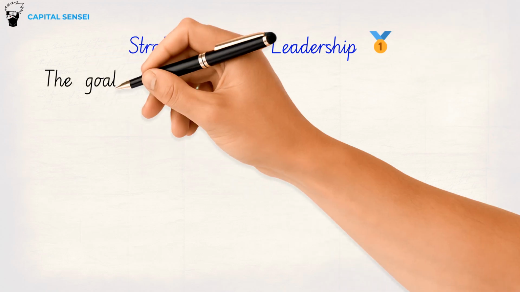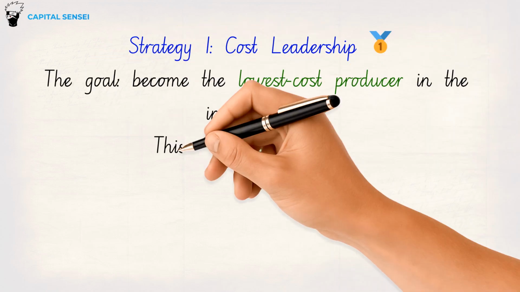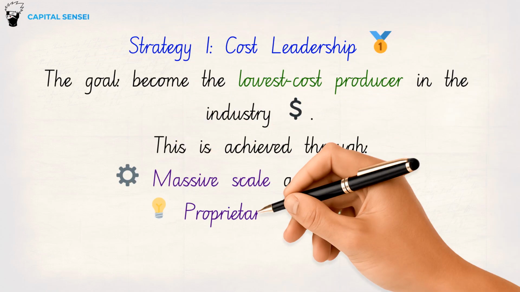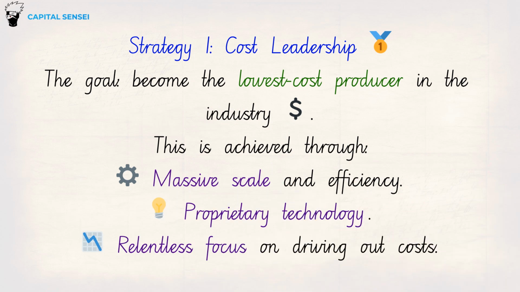The first generic strategy is cost leadership. This is simple to understand, but very hard to execute. The goal is to become the lowest cost producer in your industry. This doesn't necessarily mean you have the lowest prices, though you often do. It means your internal costs of creating and delivering your product or service are lower than anyone else's.